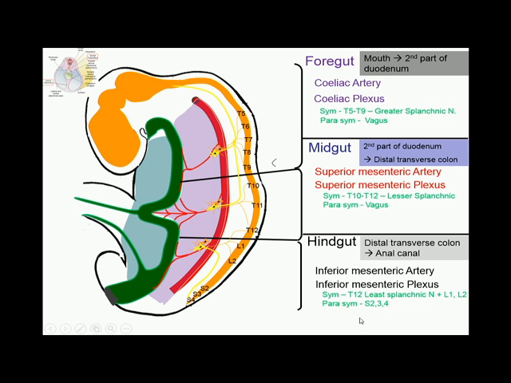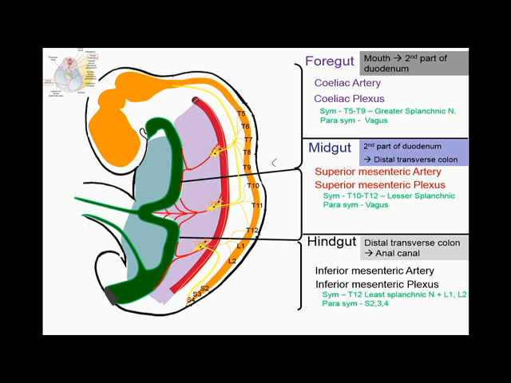Then the parasympathetic components, now it's not coming from the vagus. The inferior mesenteric plexus gets the parasympathetic output from S2, S3, S4, the pelvic splanchnic or sacral splanchnic nerves. So the vagus nerve therefore does not supply the hindgut. Up to the midgut, up to the distal transverse colon, the parasympathetic innervation is by the vagus nerve, but the descending colon, sigmoid colon, rectum and the anal canal are not from the vagus.